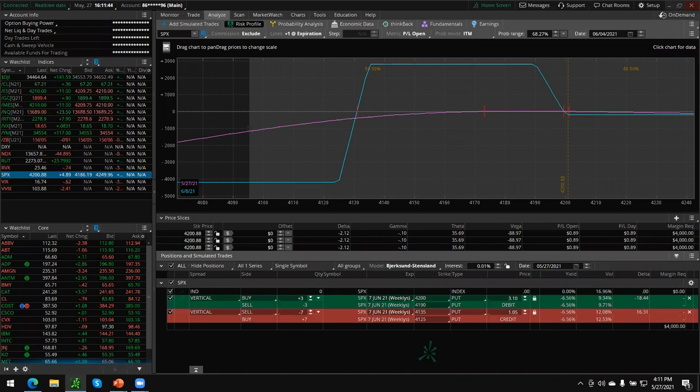A call credit spread, you get a certain amount of credit, say $1 credit, which raises all the lines. You now have this dent in the graph wherever the shorts of the call credit spread are. And if you think about as the market goes down, a call credit spread isn't going to pay off as fast as an equivalent put debit spread. Why is that? Because the put debit spread is going in the money, and it's going to go up in value quickly and have less extrinsic value as it goes in the money.